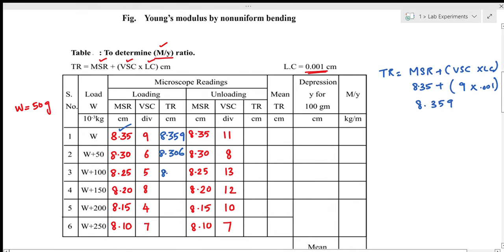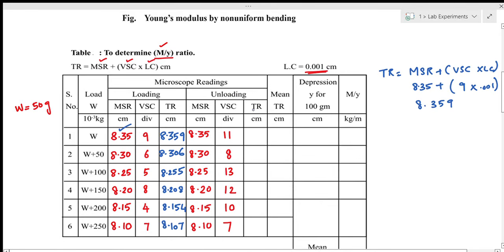In the same way, using the calculator, we can get the total readings: 8.306, 8.255, 8.208, 8.154, 8.107. So the unloading is to be taken here.